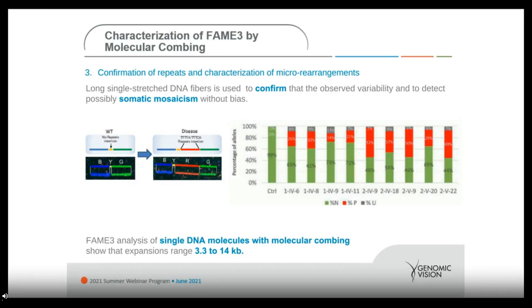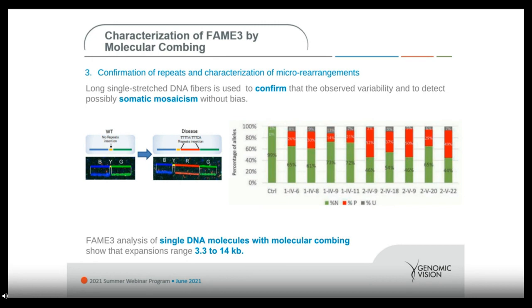So at that point, we decided to focus on combing and help physicians make the diagnosis for the patient. Again, we used the strength of single molecule fibers and our GMC to design probes for the two exons, in blue and in green, and the intron in yellow.